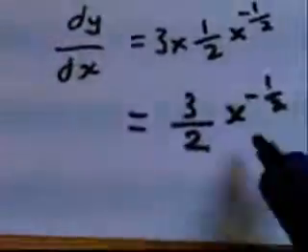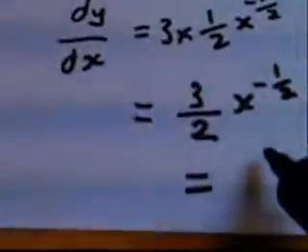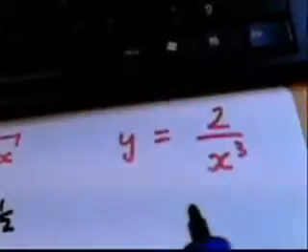Tidying that up, that answer is fine, but if you're going to be a bit more elegant, I would put that as 3 over 2 lots of root x. If you're not sure why the square root of x has gone to the bottom there, look at the laws of indices.